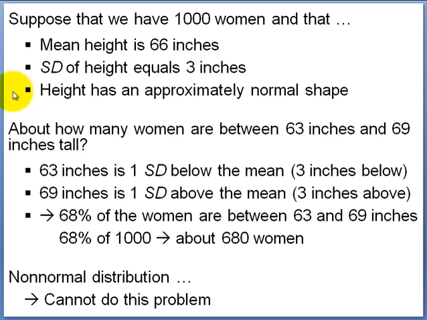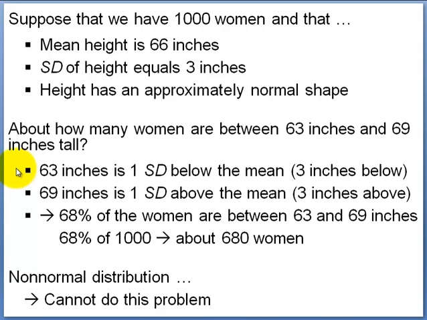These three things having been given, can we answer this question about how many women are between 63 inches and 69 inches tall? Observe that 63 inches is one standard deviation below the mean. The mean is 66.